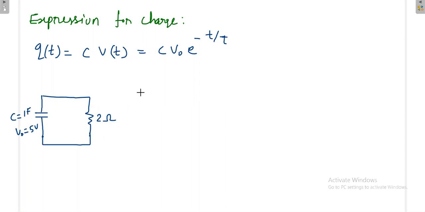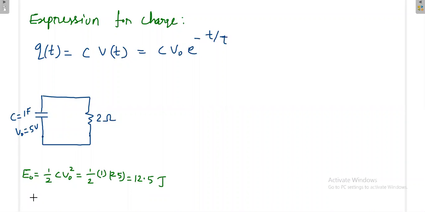First I have to calculate the initial energy, E0 = 1/2 C V0 squared. C is 1 and V0 squared is 25, so I get 12.5 joules of energy.